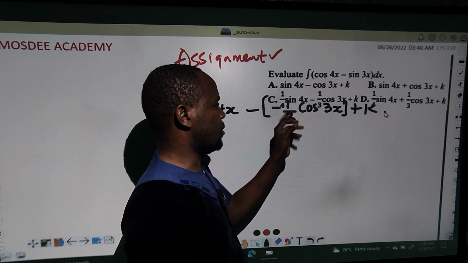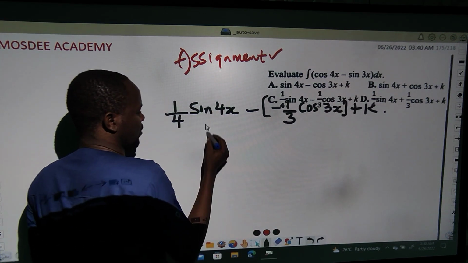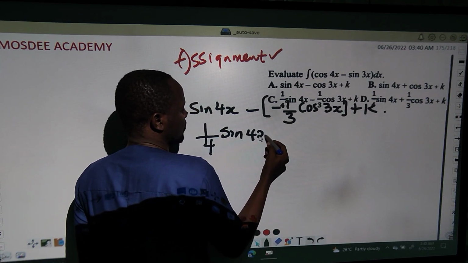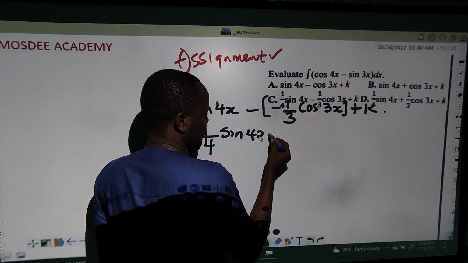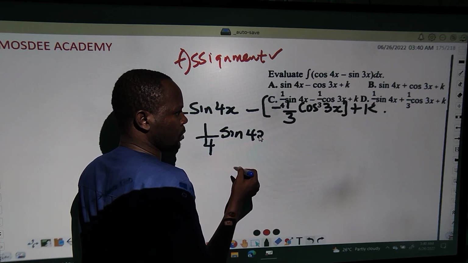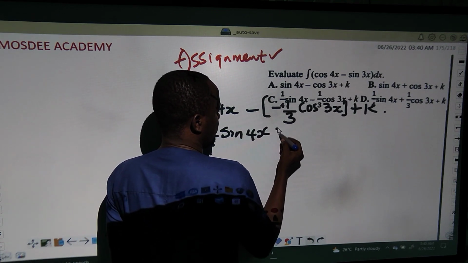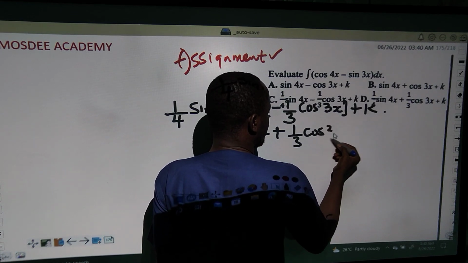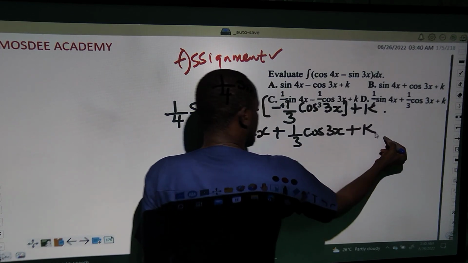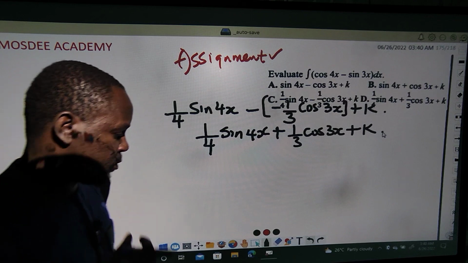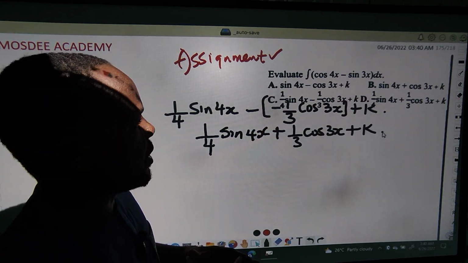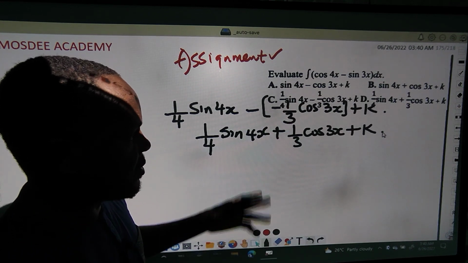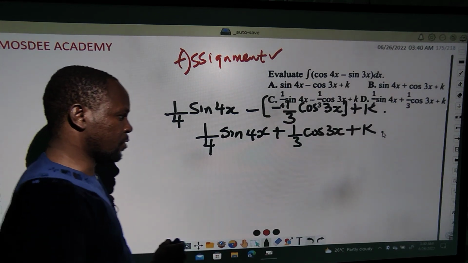The only thing is minus times minus is plus, so we have 1 over 4 sine 4x plus 1 over 3 cos 3x plus k. Very good work. So I think we can look for the answer there. I'm very sure you can spot the answer. I think it's D. So this is the correct answer to the first one.